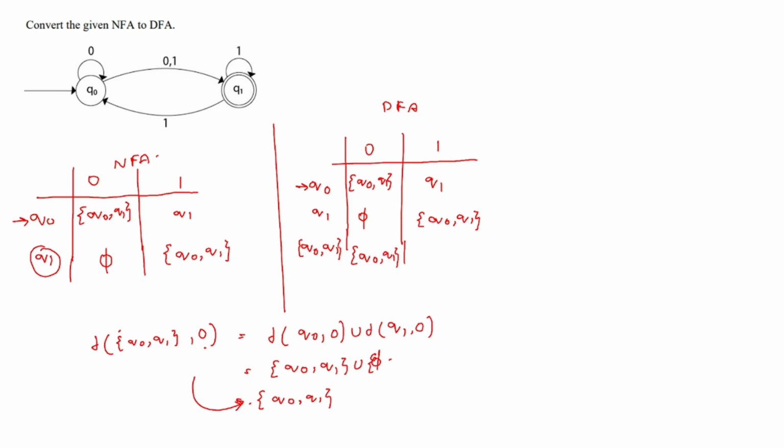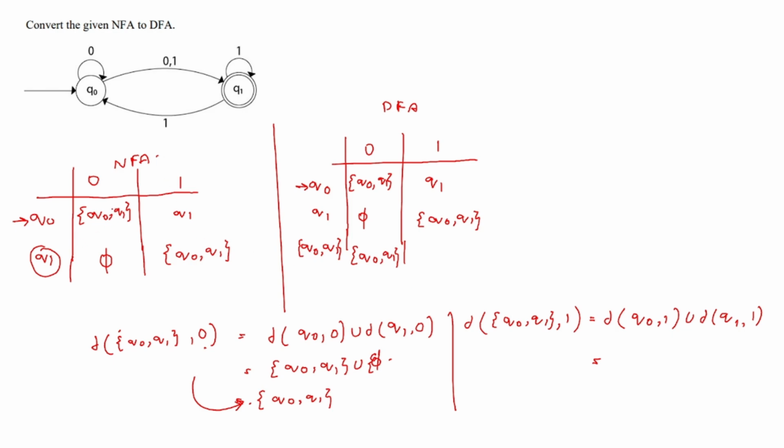And Q0, Q1 when applied with 1, in the same way, delta of Q0, Q1 on 1 is delta of Q0 on 1 union delta of Q1 on 1.